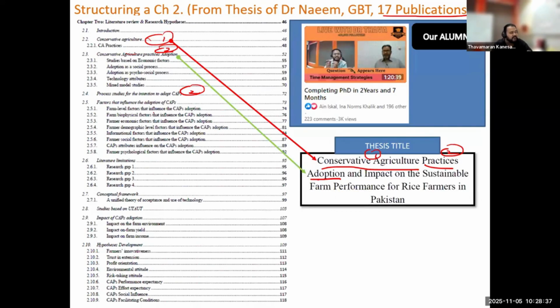So farm level factors, biophysical factors, economic factors, demographic factors, informational factors, all these are performance factors that have been studied here for the second part of the thesis title. So this whole thing covers the impact on the sustainable farm performance. So this is 3. So 3 segments covered already.